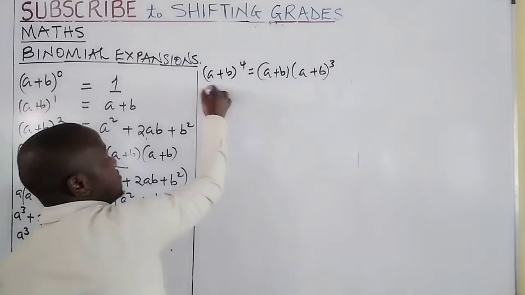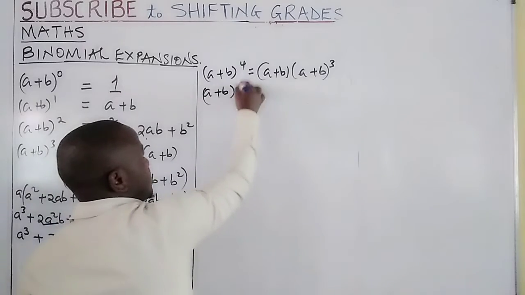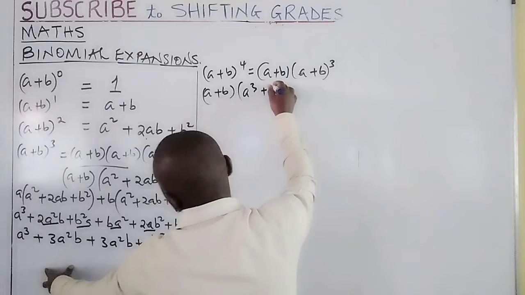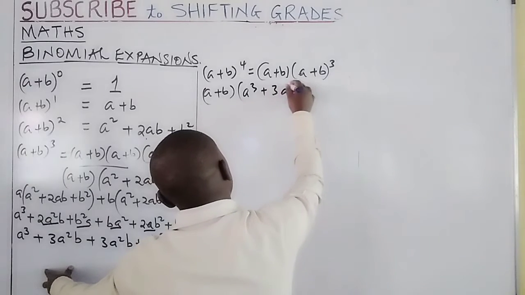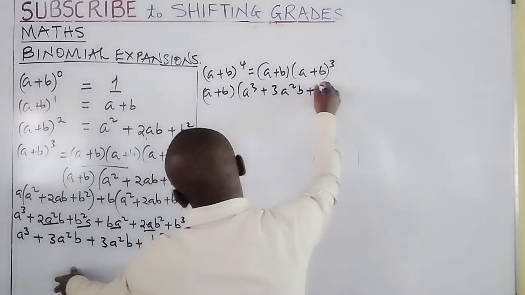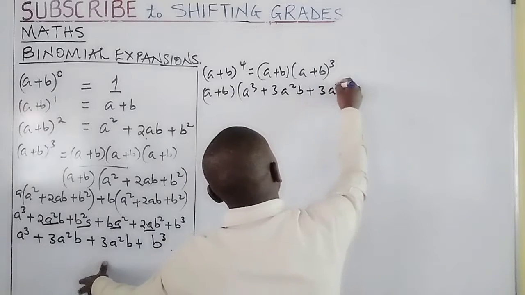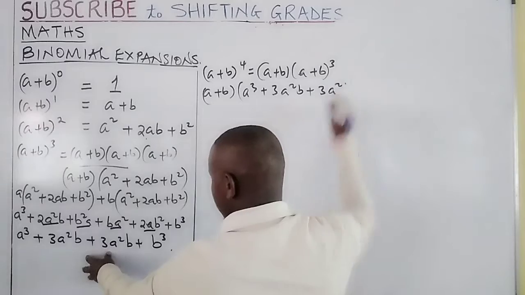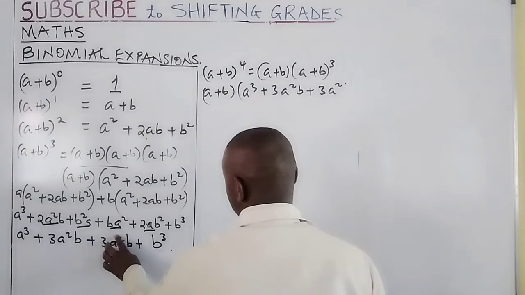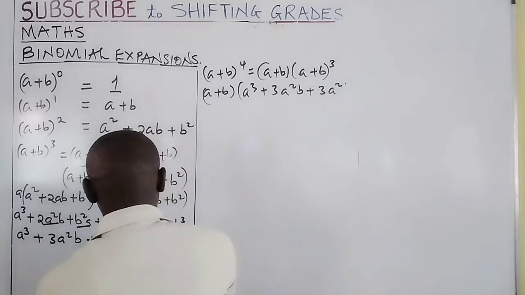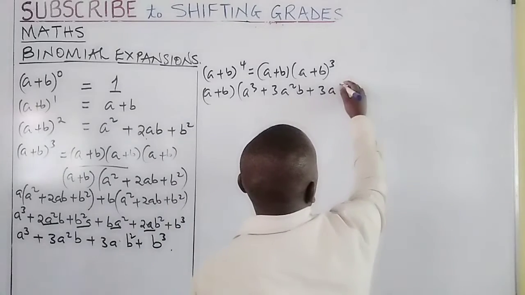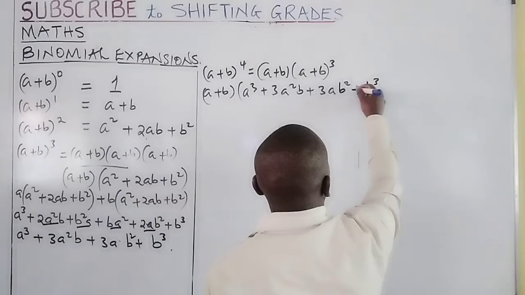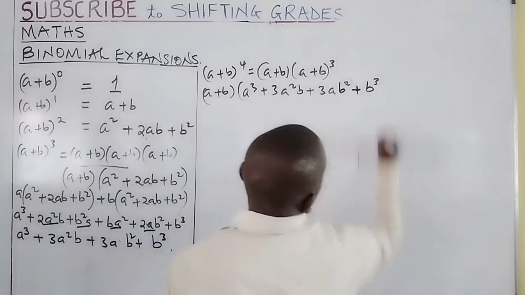Therefore, we have a plus b times a cubed plus 3a squared b plus 3a b squared plus b cubed.